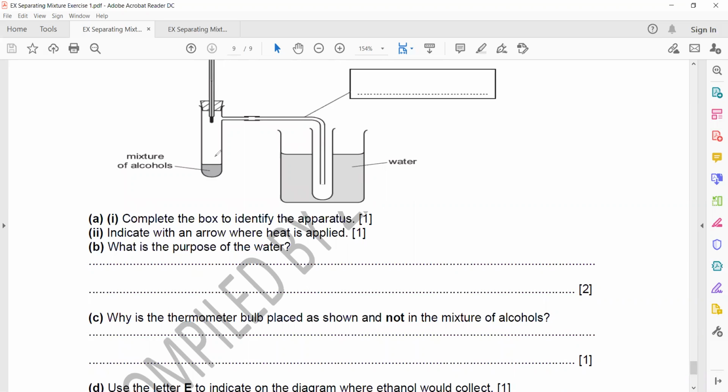The vapors are leaving the tube, and we want to identify the temperature of the vapors.